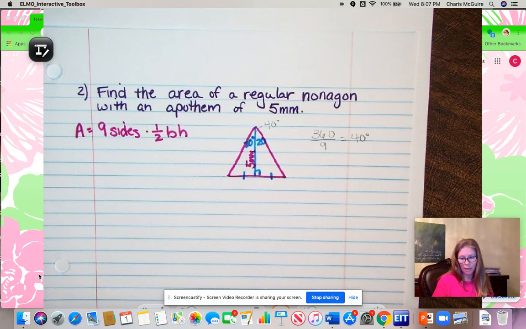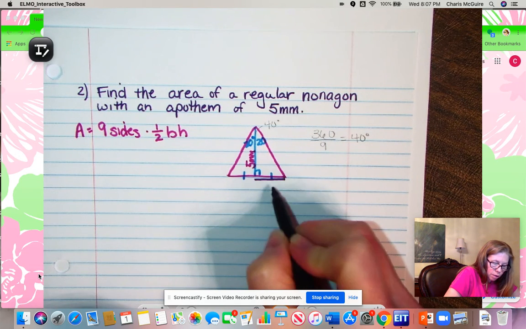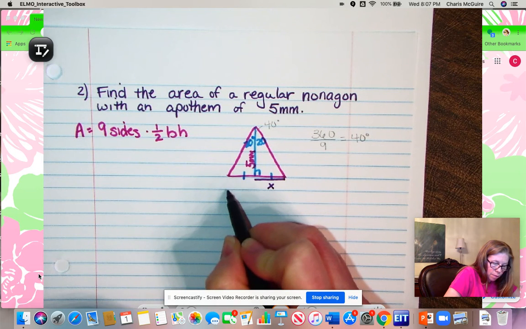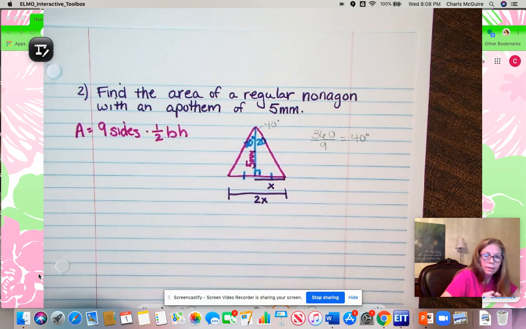We need the base. And so you should have gone searching for just this side of the triangle. We're going to call that X. And remember, we're going to double it to find the whole thing. This is going to be 2x, when we find the side of our nonagon. All right, so which trig function are we going to work with? I hope you use tangent.